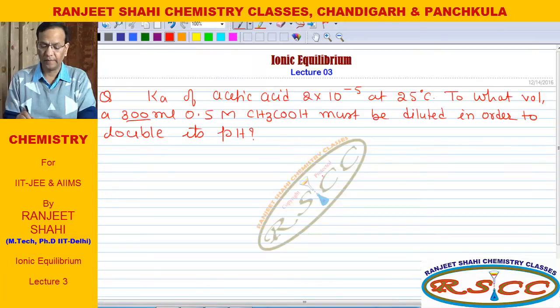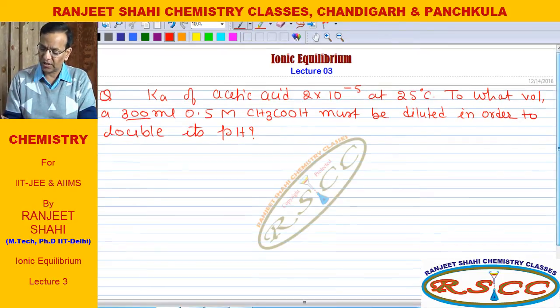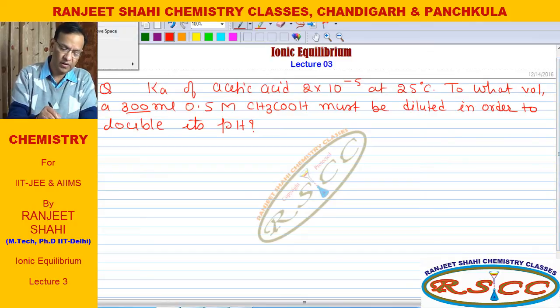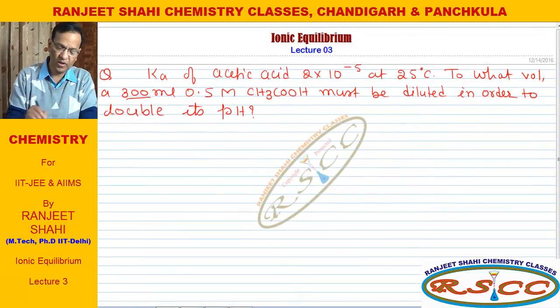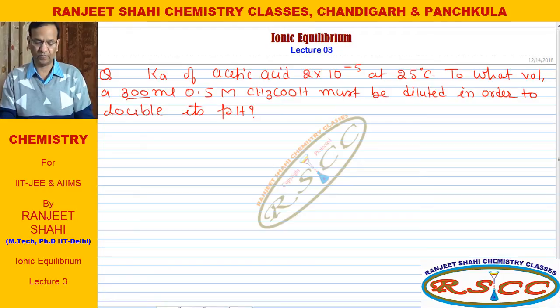So the question pertains to first determination of the initial pH, then we will have a required pH which will be double of the initial pH, and then we'll have to think how to reach that point. So the first thing is to determine the initial pH. So let us calculate the pH of the given solution first.